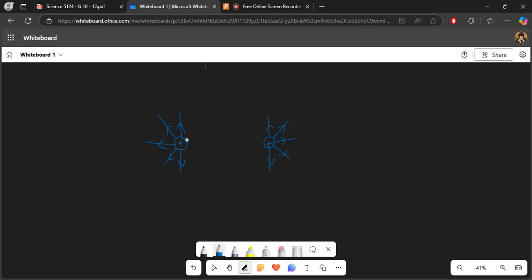But there's going to be interaction between this side of the electric field. Because these two have the same charge, they don't want to be next to each other. They're going to repel. So the arrows that were supposed to go here will be curved to avoid the arrows of this one. So it's supposed to be like this, right?